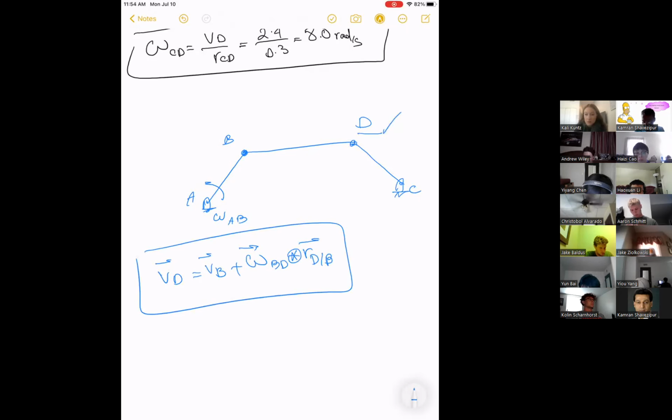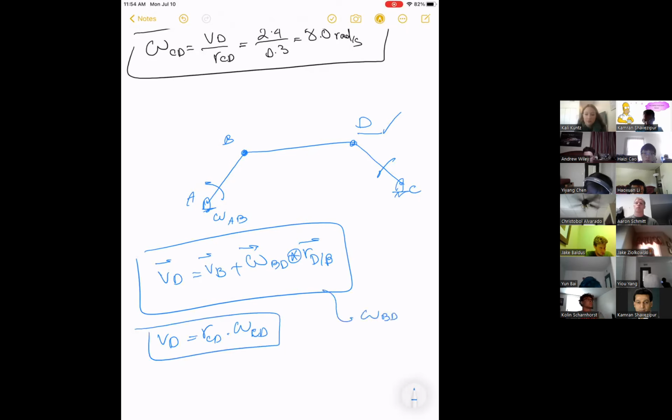And velocity of D is going to be R_CD omega CD, because we know it rotates about a fixed point. So with this, you're going to find omega BD and omega CD. Writing vectors, cross products, i, j, separate them and solve it, you can do that.